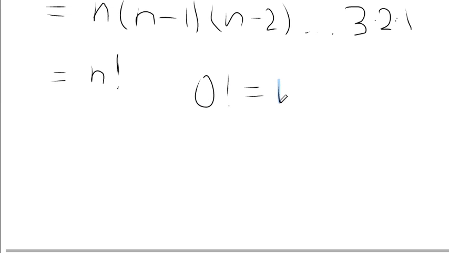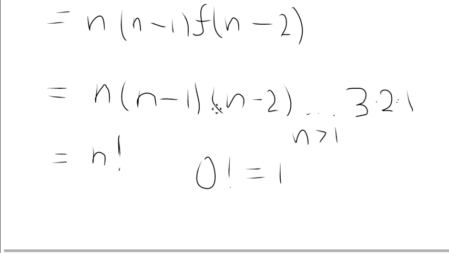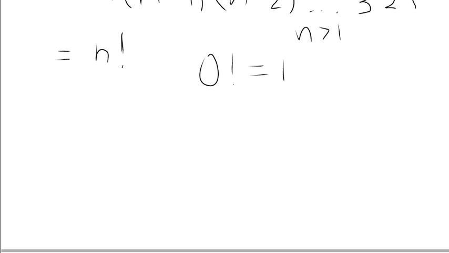I guess you could argue there's one way to arrange 0 objects, but in general, for n a positive integer, this makes intuitive sense based on our derivation up here. So that's where that comes from. The number of ways to arrange n objects is n factorial.